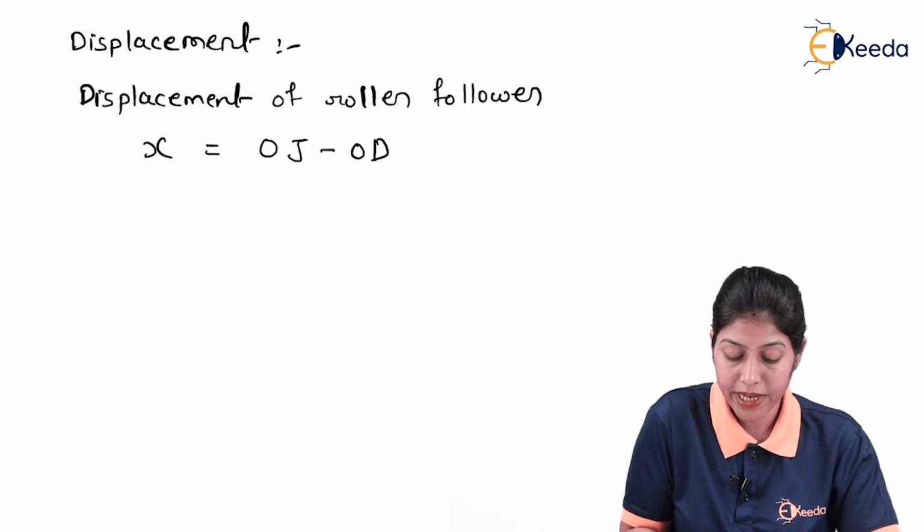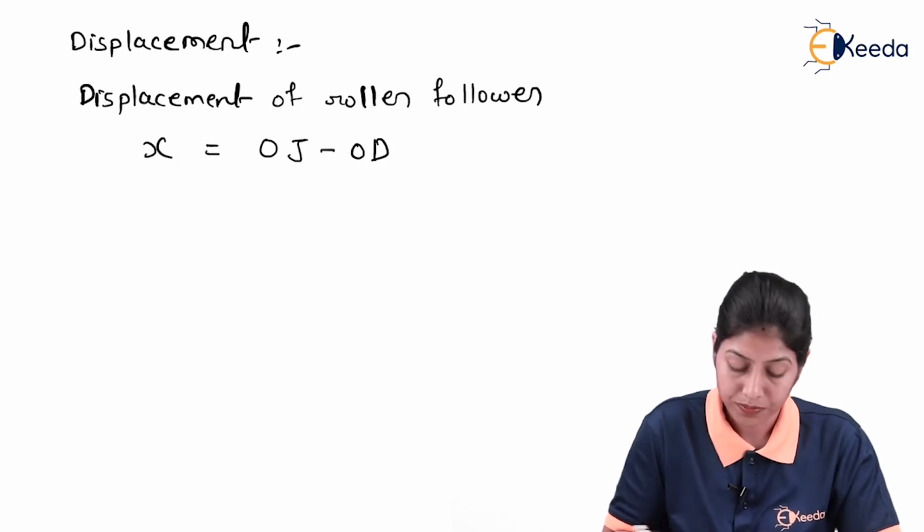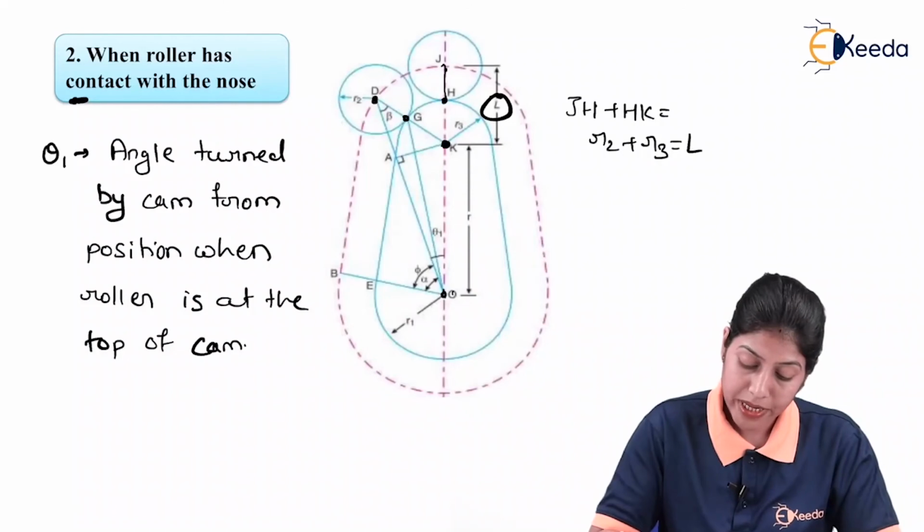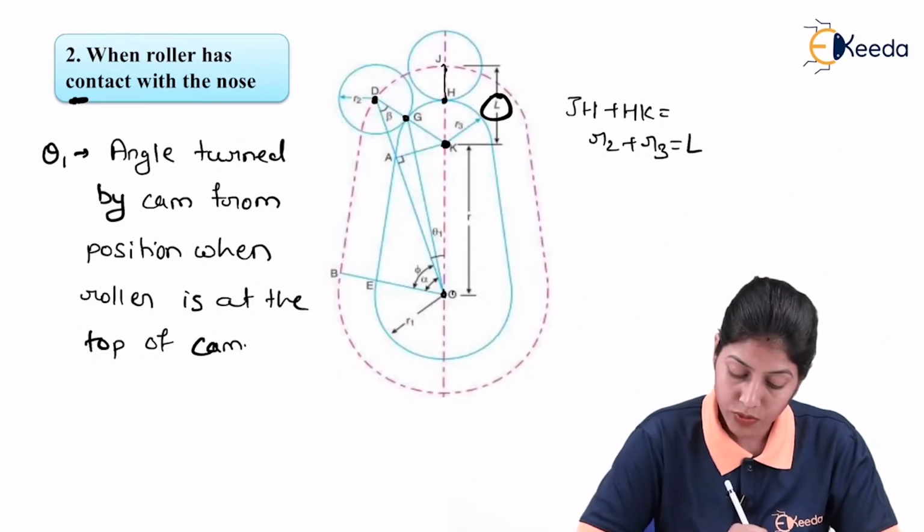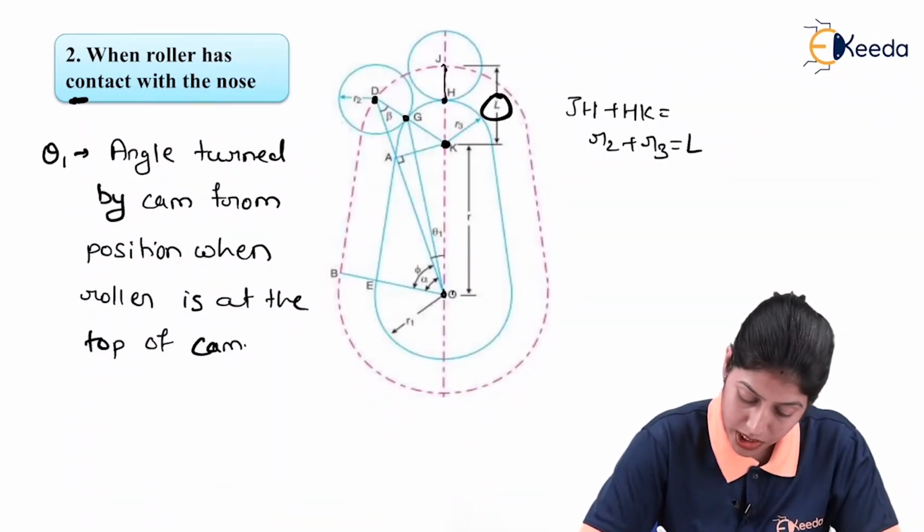If it is denoted by X, so it will be OJ minus OD. Now we can split this OJ and OD into two parts as we have this line OD.